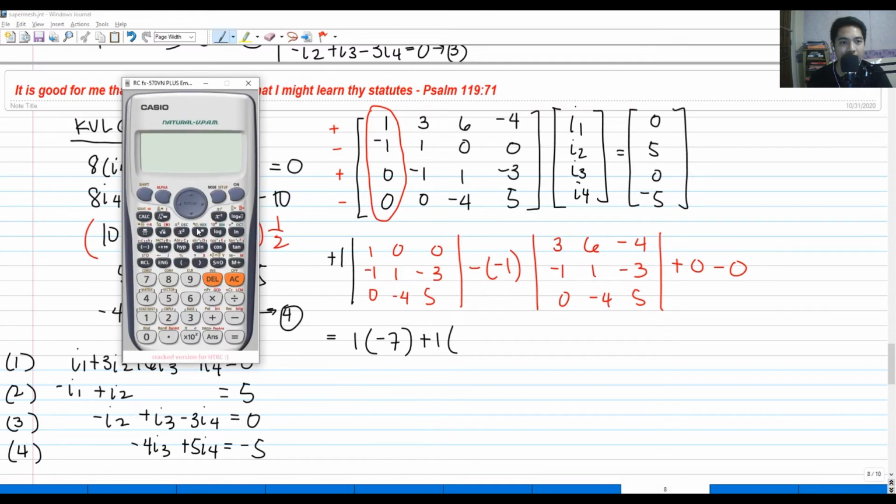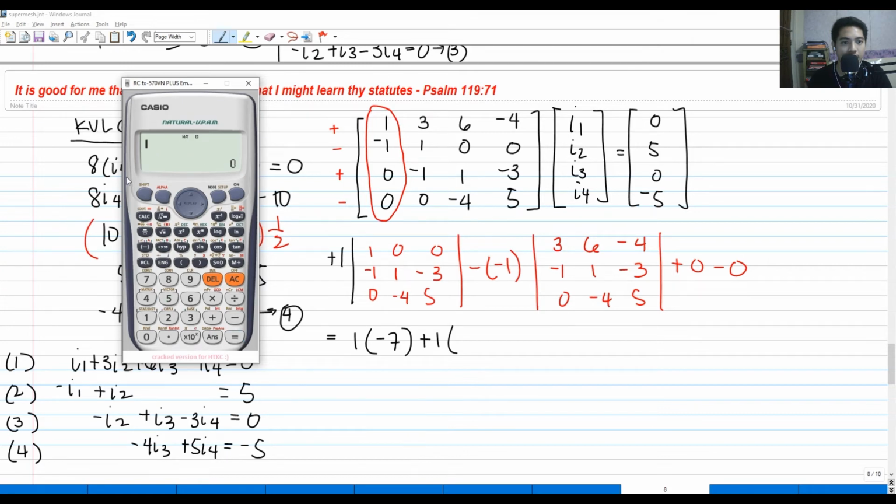So what will we have? Again, shift matrix, dimension of the matrix A. We have 3, 6, 4, negative 1, 1, negative 3, and 0, negative 4, and 5.